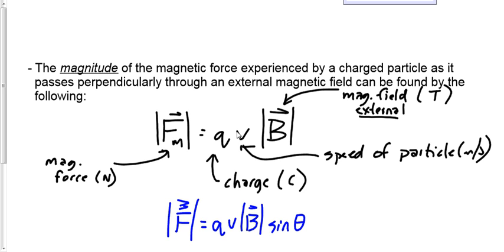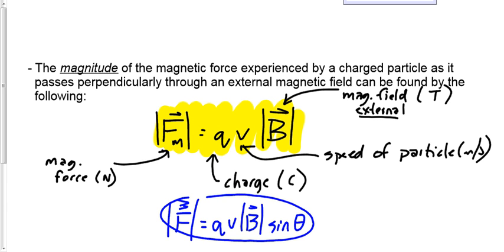Now, this equation that we have up here, this highlighted one, or it will be highlighted when my smartboard works, depends upon the charge and the magnetic field being perpendicular to each other. In other words, it's a specialized version of what we see down here. Because of that, we're actually going to stick a little upside down T right there.